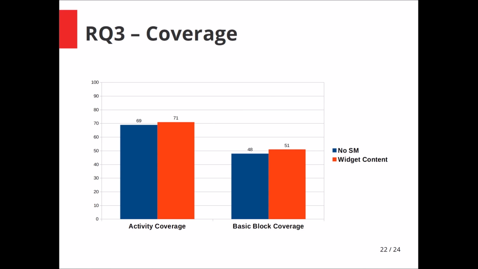Regarding coverage, we can observe that the surrogate model configuration is also slightly better in both activity coverage, 71% to 69%, and basic block coverage, 51 to 48%. In total, there is a favor for using the surrogate model in Android test generation.